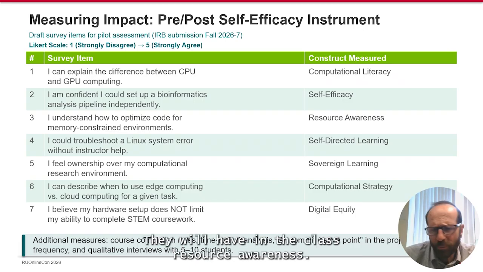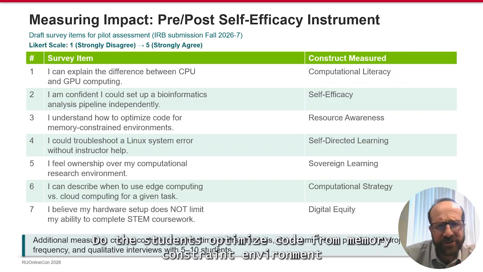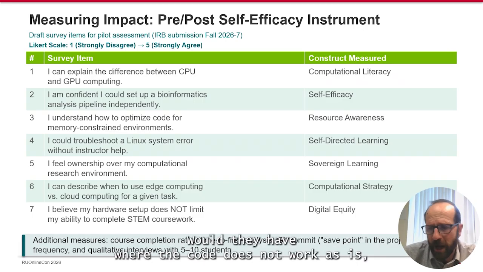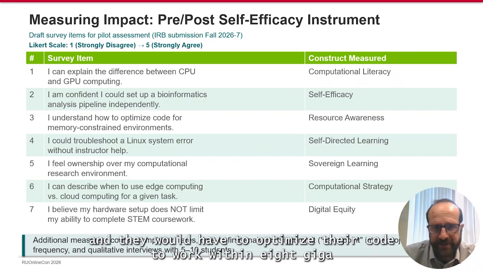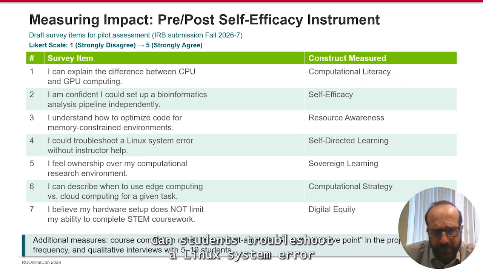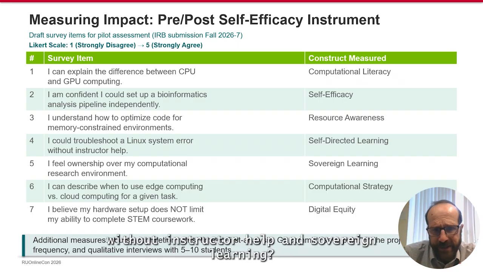Resource awareness. Do the students optimize code for memory constraint environments? So modules would be built where the code does not work as is, and they would have to optimize that code to work within 8 gigabytes of RAM. And self-directed learning. Can students troubleshoot a Linux system error without instructor help? And sovereign learning.